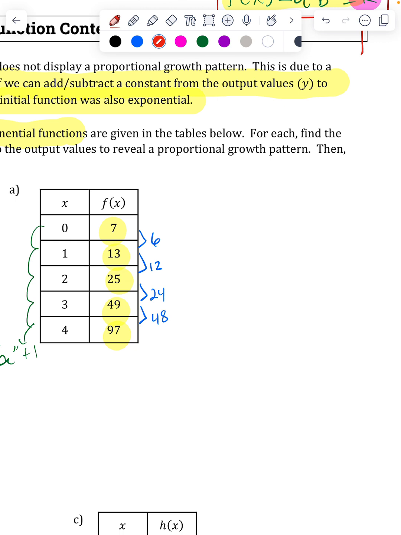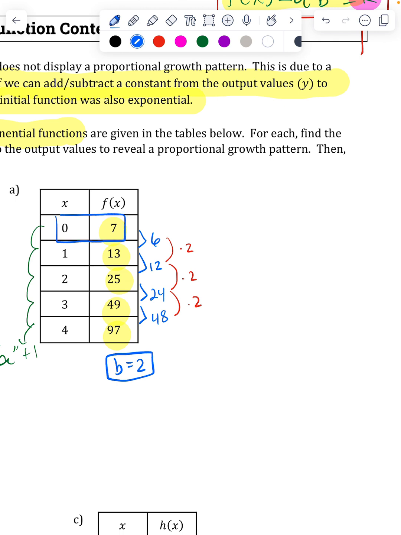Now that I've found my differences, you can see that that got doubled, and that got doubled. So what that is going to reveal to me is that when I go to set up my equations, my b value is going to be 2. That's going to be a key thing. Now we need to set up 2 equations to find our 2 variables.